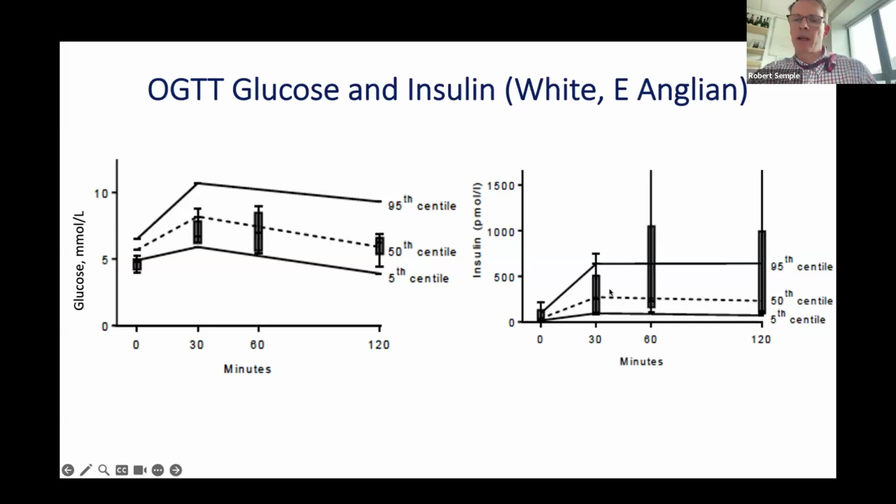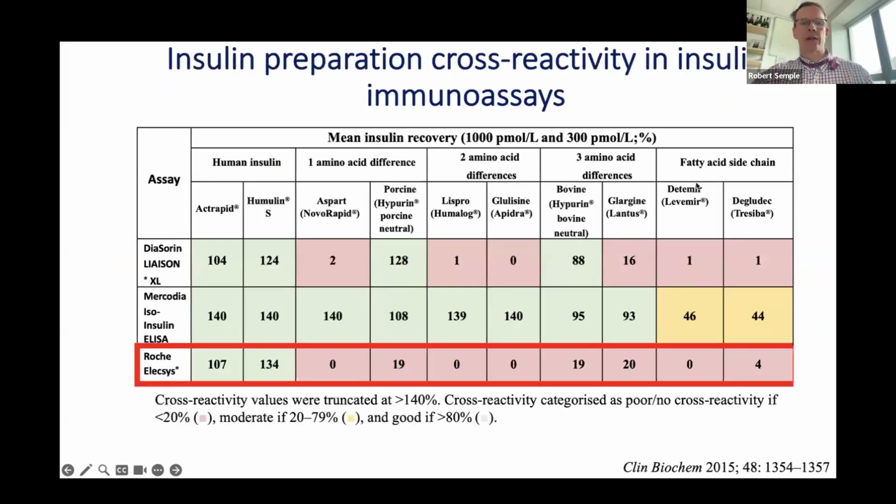So you can see that insulin levels of 600, maybe 700 in this white East Anglian population are indeed somewhat insulin resistant, but they're just up towards the top of the 95% confidence interval of the range. And so I was suggesting to you that once you get into the thousands, 1500s, 2000s and up, that is unequivocal, very severe insulin resistance.